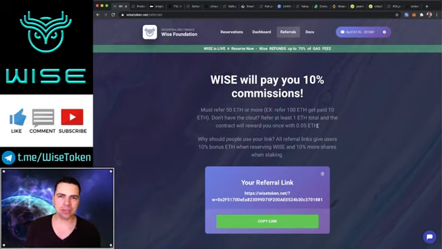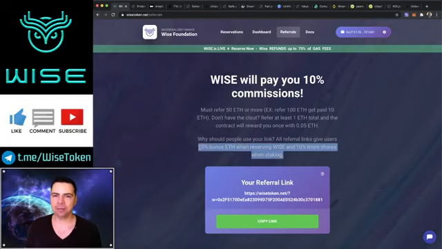Anybody that uses a referral link makes 10% bonus Ethereum when reserving Wise, and 10% more shares when staking. So that's your interest earning power when you're staking the token. So this means that it would be really silly for anybody not to use a referral link. So referral links are in demand because everybody who uses it gets 10% more every time they use the system.